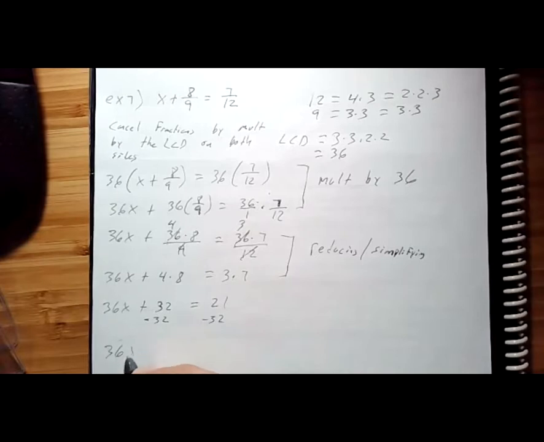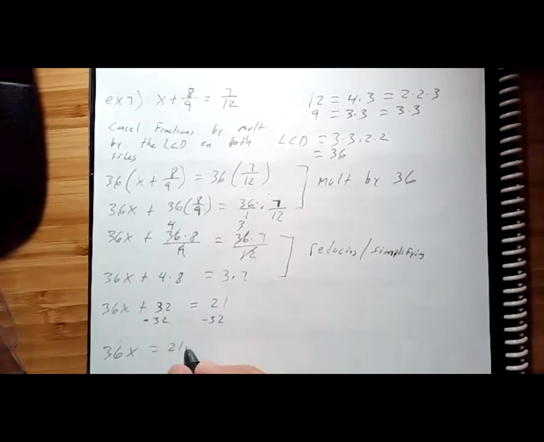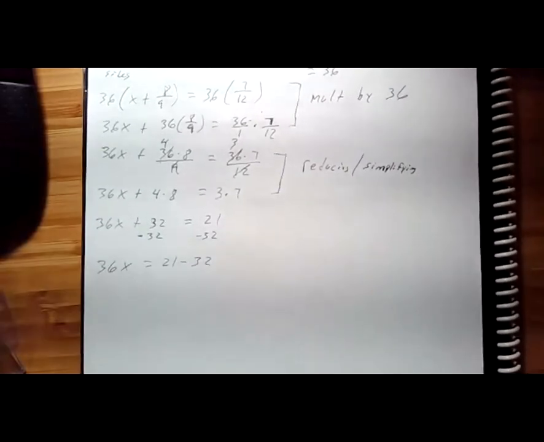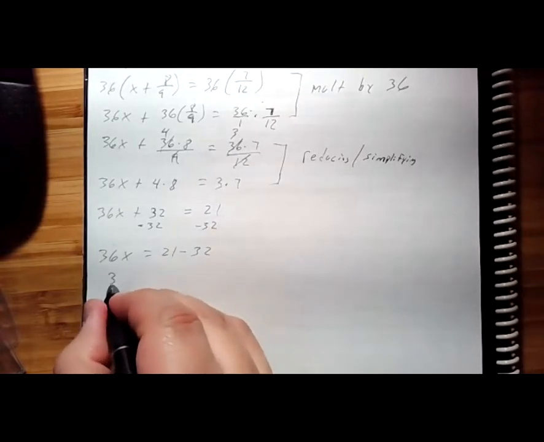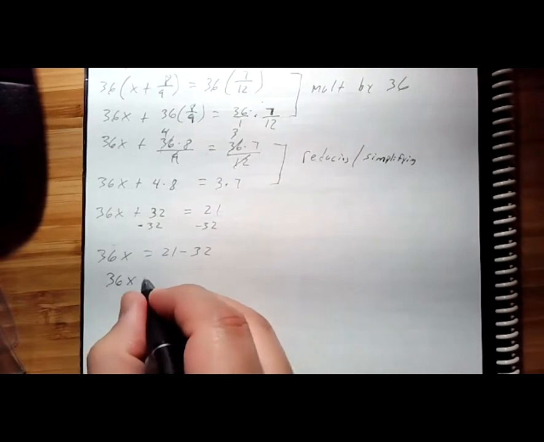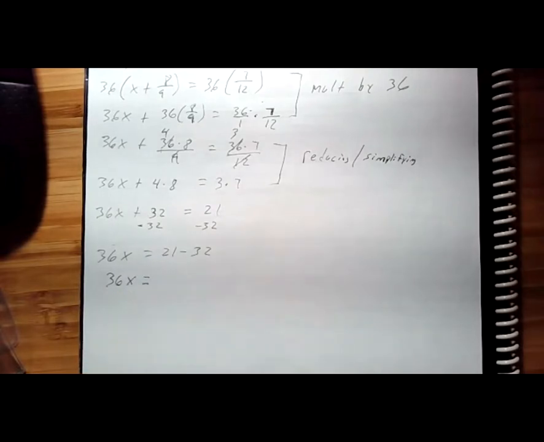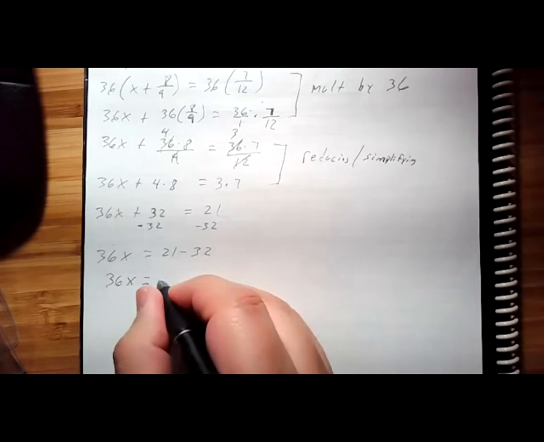So that's the same as just moving the 32 over and subtracting, right? So what is 21 minus 32? Wouldn't it be 11? That looks like 11. Is it negative or positive? Negative.